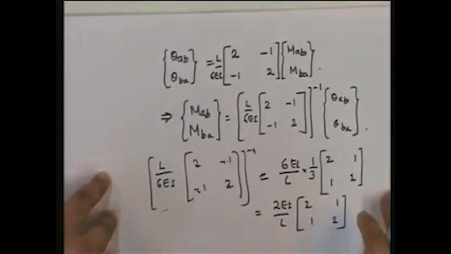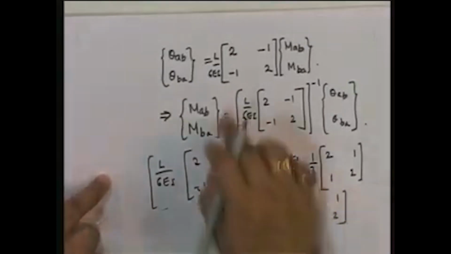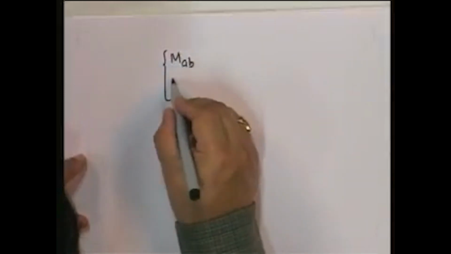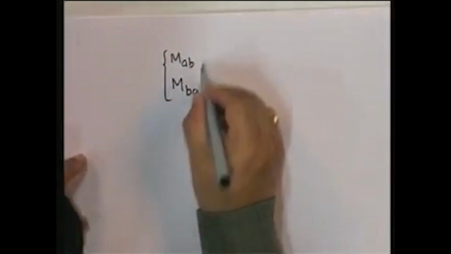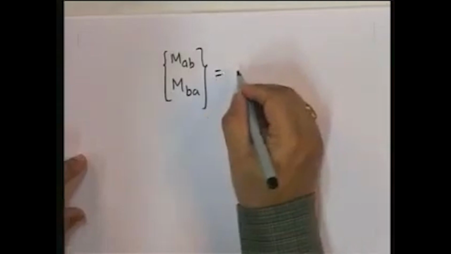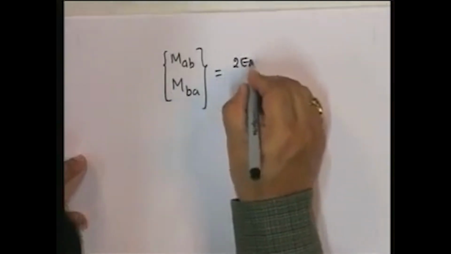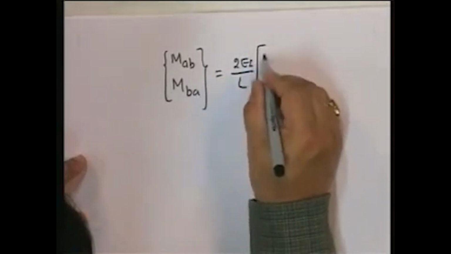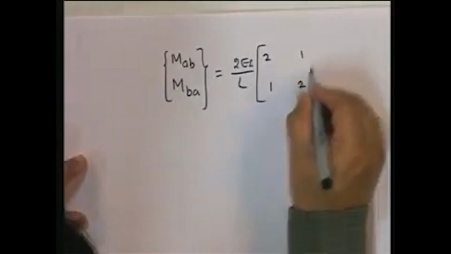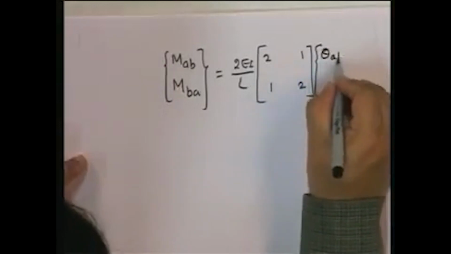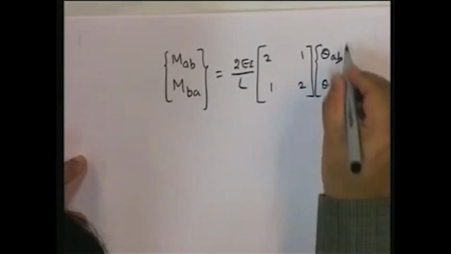Then if I plug this in, what I get is MAB, MBA is equal to 2 EI upon L, 2, 1, 1, 2, into theta AB, theta BA.